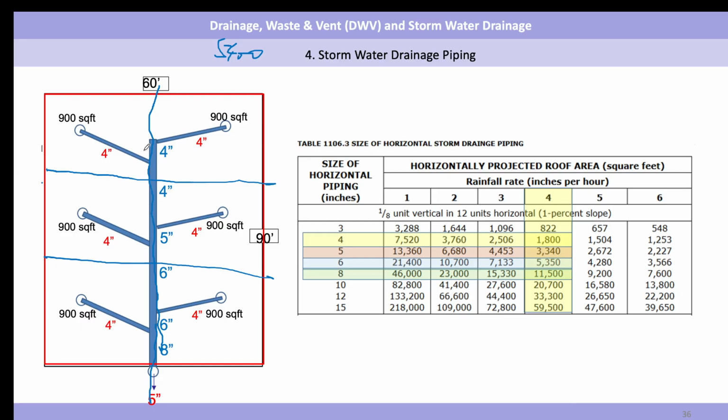And the rainfall is 3.7, so we choose the larger one, 4. So this column.